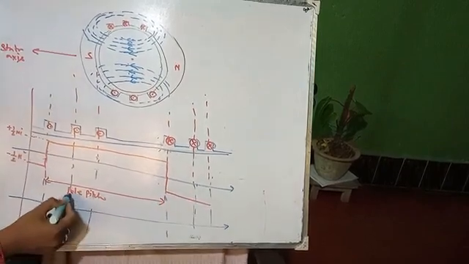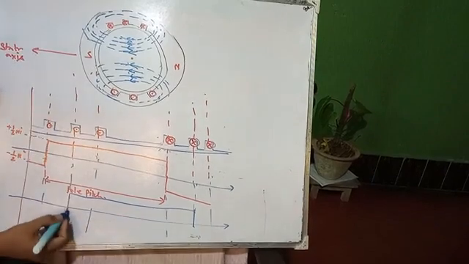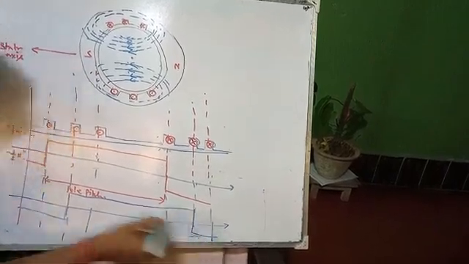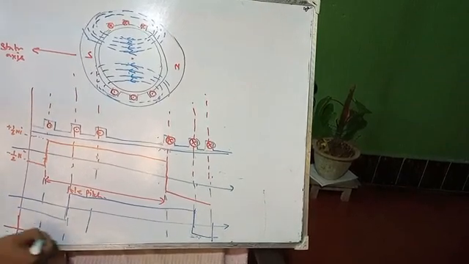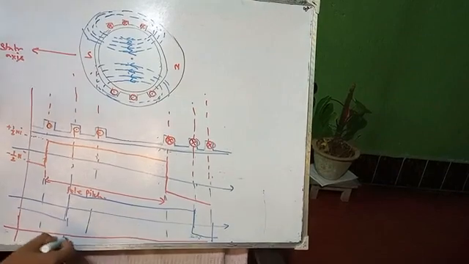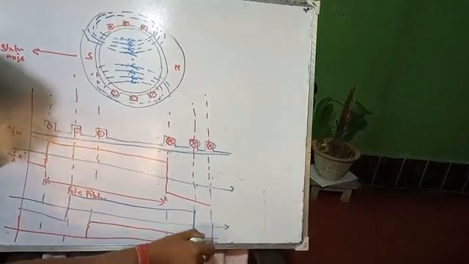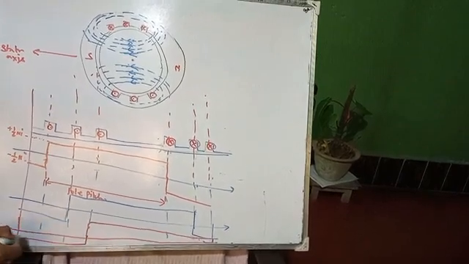It will start from here, continue up to this much, and similarly negative. And the third pole pair will start from here and continue up to this much. So here you can see that it will be negative full time.